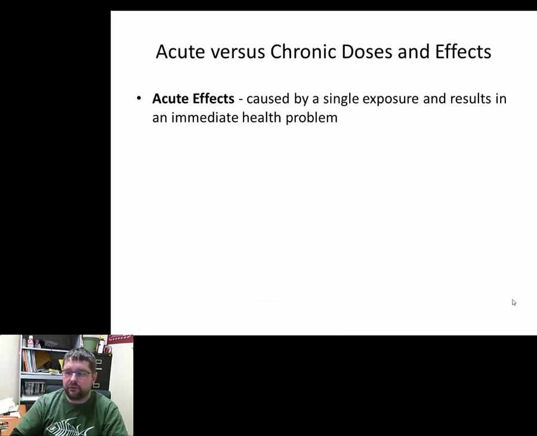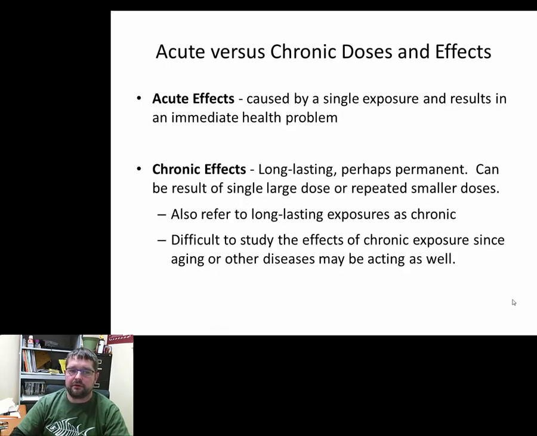All right, so acute effects are normally exposed or single exposure, and you get health problems from it. So maybe drinking water with lead in it is enough to cause health exposure, and you only needed to do it one time. Okay?